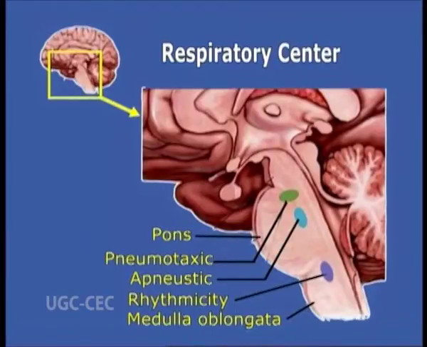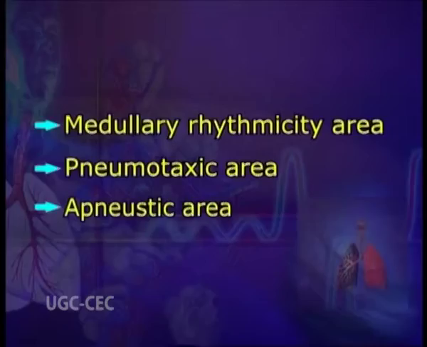As seen in the figure, this widely dispersed group of neurons, collectively called the respiratory center, can be divided into three areas on the basis of their functions: the medullary rhythmicity area in the medulla oblongata, the pneumotaxic area and the apneustic area in the pons.